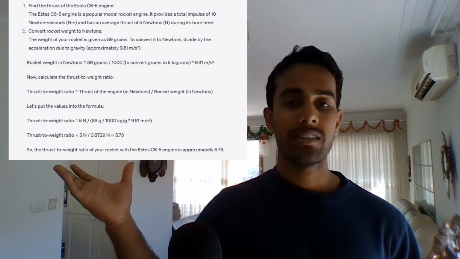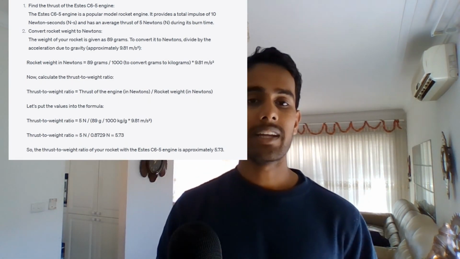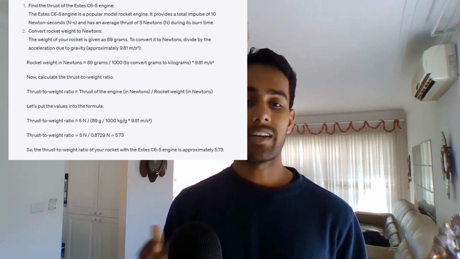I did my own calcs, but I'll put the ChatGPT version up here. As you can see, it had a thrust to weight ratio of around 5.7. So that is fine. Thrust to weight was not the issue. Anyway, let's go to the second launch.